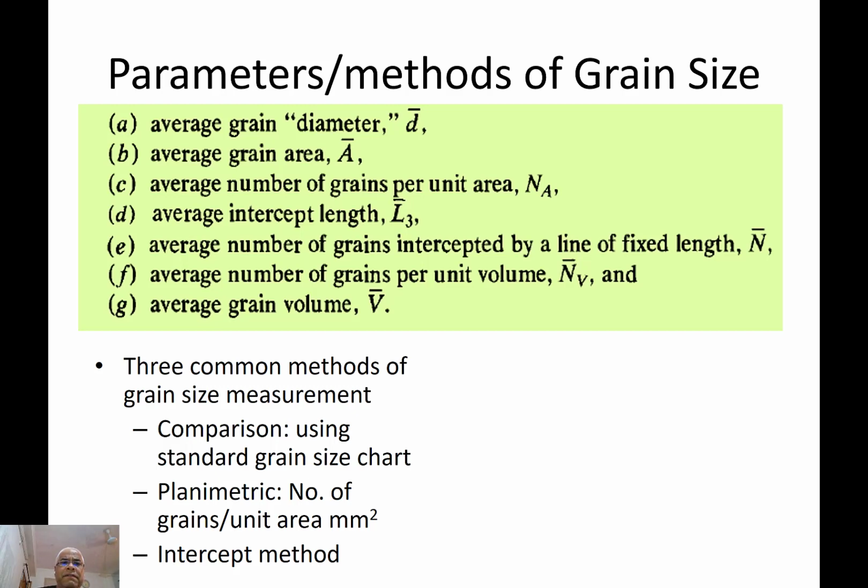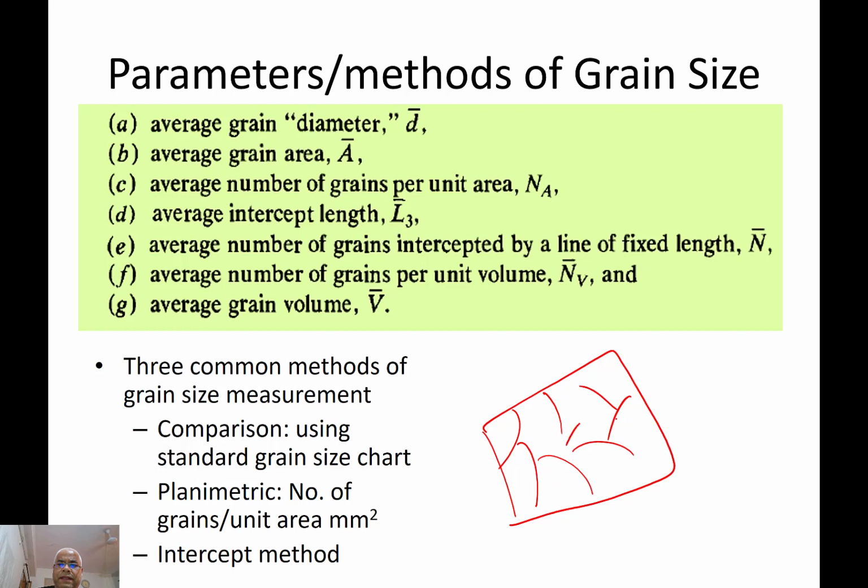Then average intercept length: there are a number of grains like this. So we draw one line of standard length and try to count how many grains are intersected by this line. So simply we draw one straight line and we see the number of intercepts by the grains or the grain boundaries.